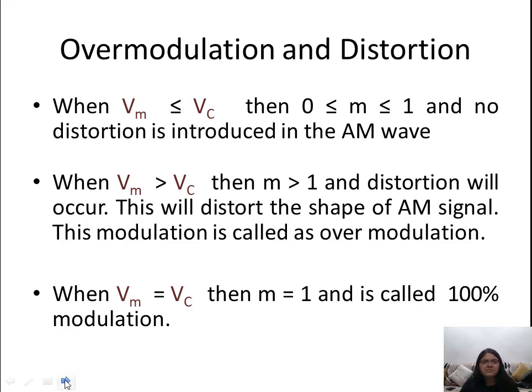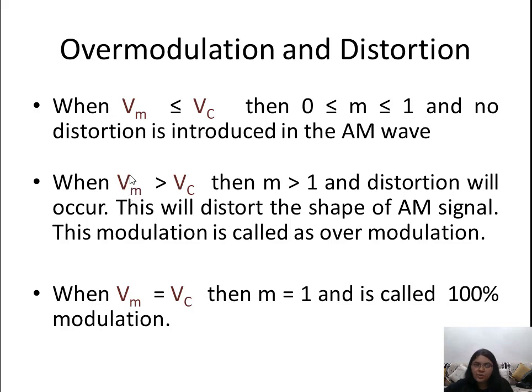But if Vm is greater than Vc, meaning your modulating signal amplitude is higher than Vc, I gave you the example that when you go somewhere by bus, whatever things you put inside that vehicle should be smaller than the size of the vehicle. So if the Vm value is greater than Vc, then m is greater than 1.